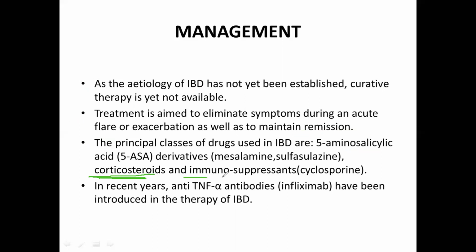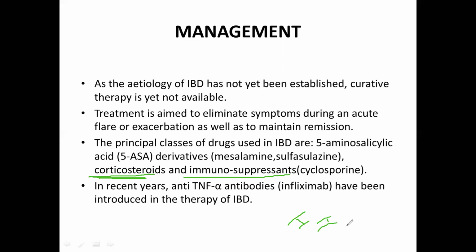And lastly, the immunosuppressants. We already know that inflammatory bowel disease is an immune mediated disease, which means there is a dysregulation of immune response, and also an imbalance between pro-inflammatory and anti-inflammatory cytokines.